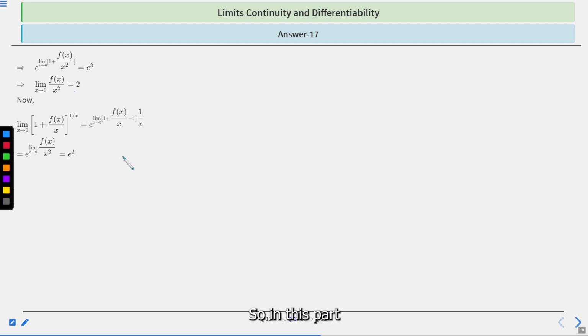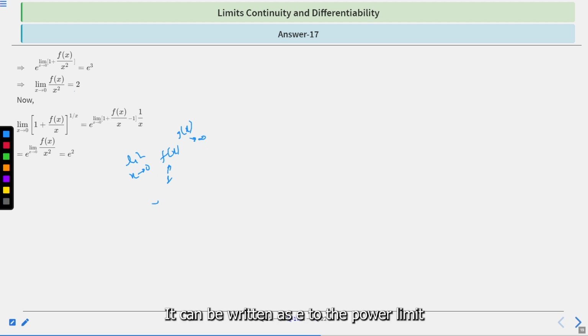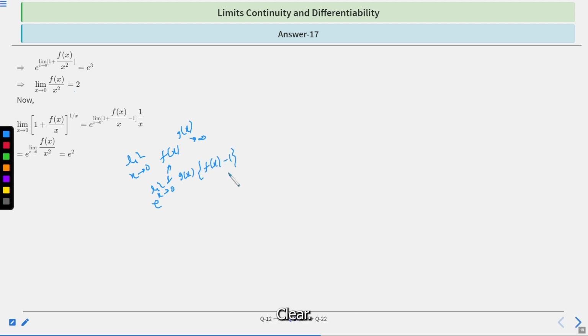Okay. So in this part, we have used this formula: limit x tending to 0, f(x) to the power g(x), when f(x) is basically 1 and g(x) is basically infinity, it can be written as e to the power limit x tending to 0, g(x) into f(x) minus 1, right? Clear? We have to use this part.